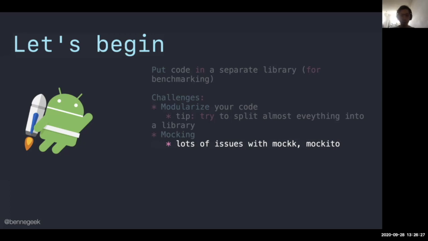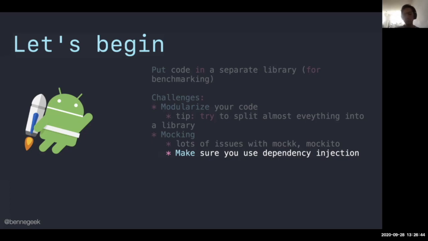So, for example, we faced a lot of issues with MockK and Mockito. So you want to get ahead of that, or maybe you want to avoid using that altogether and just use dependency injection, for example, Dagger or Koin.